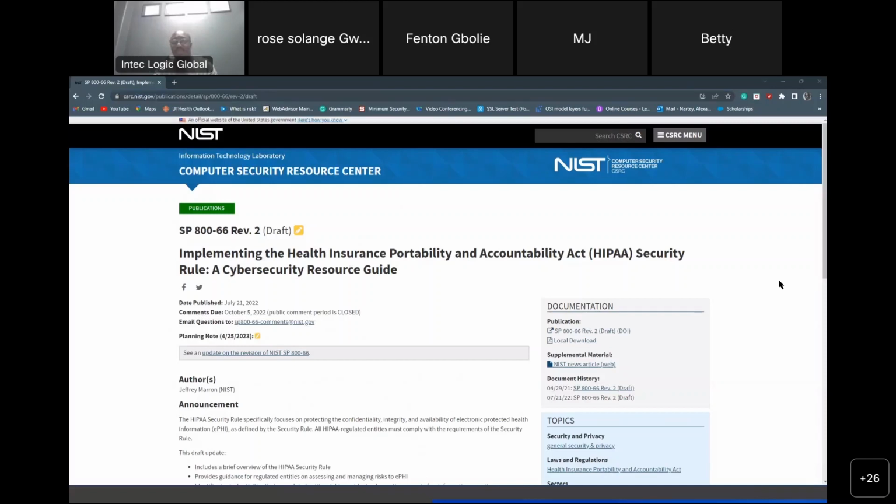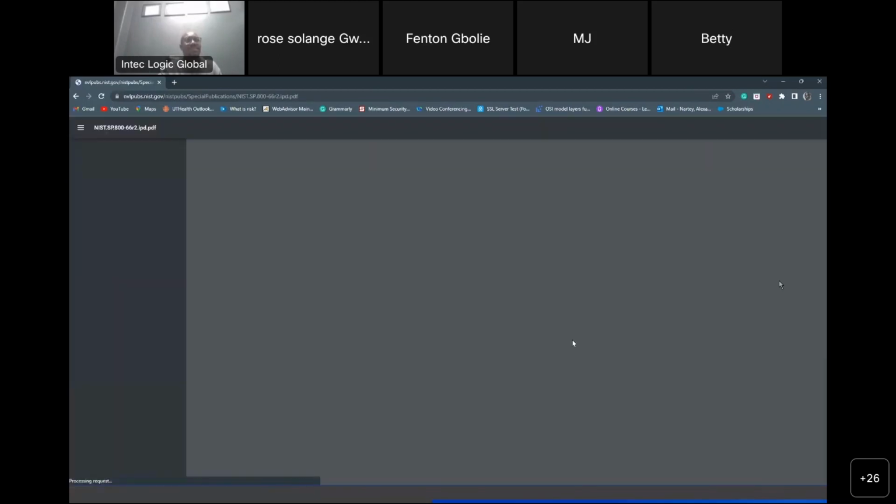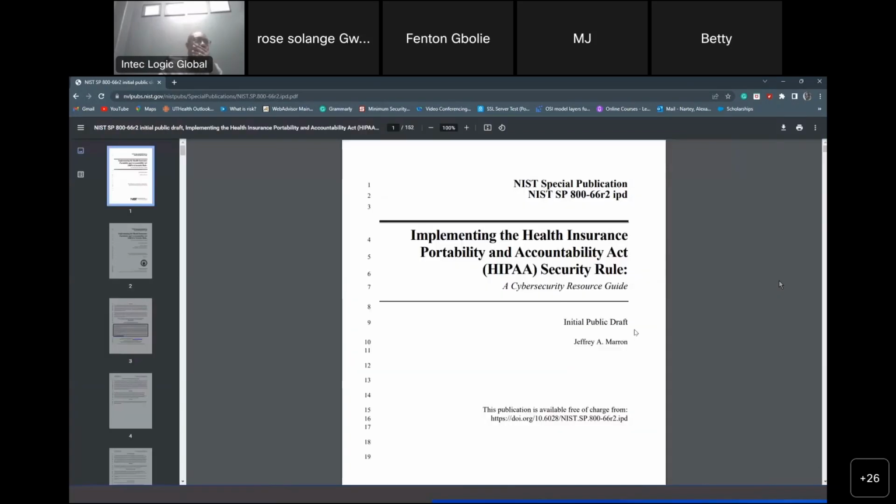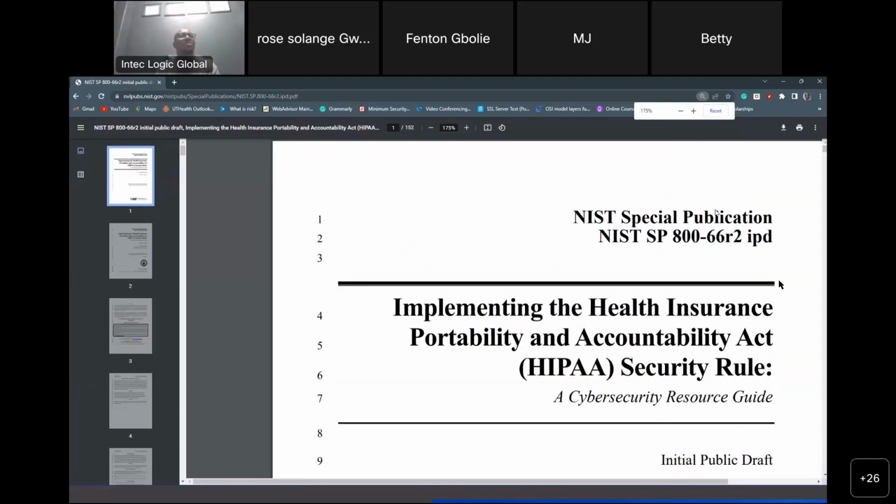For those of you who want to work with HIPAA, this is a very good guide. So go to local download. Good, so this is the document. Let me make it a little bit bigger.